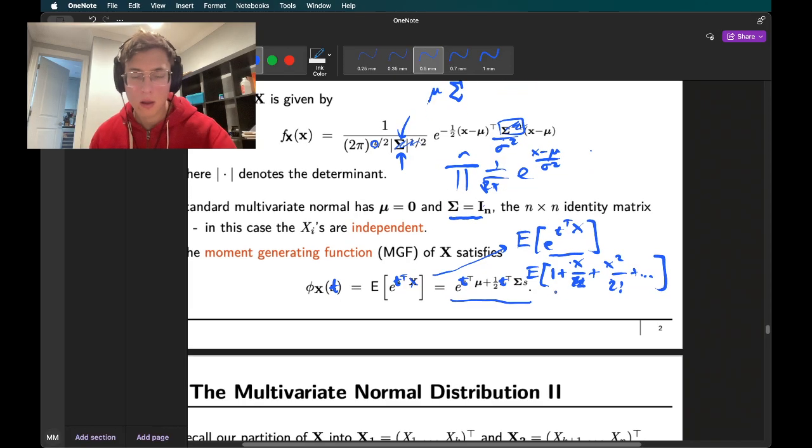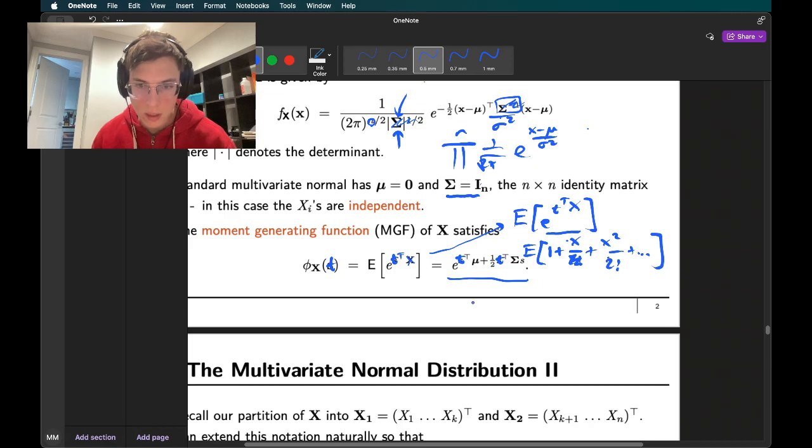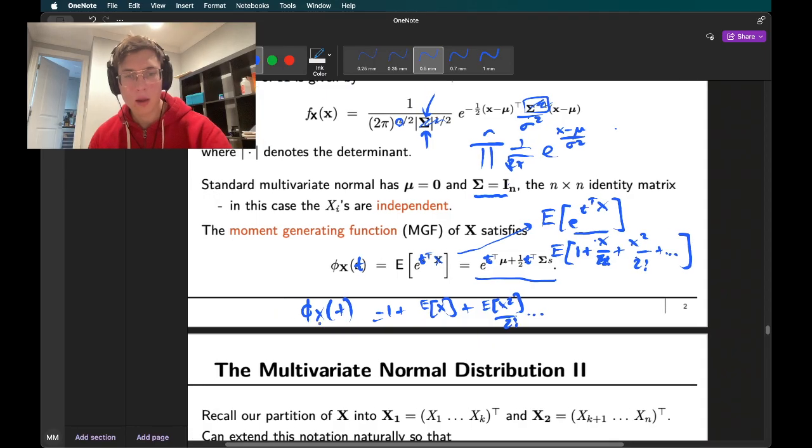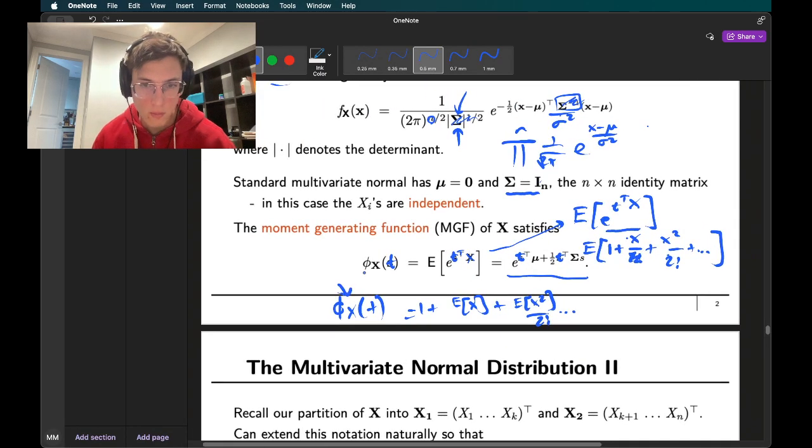So then, by linearity of expectation, we can say this is equal to 1 plus expectation of x plus expectation of x squared divided by 2 factorial, and so on. And so now we have this function here that's equal to this. And now if we know another form for this, which we do right here, we can take the derivative of both sides.